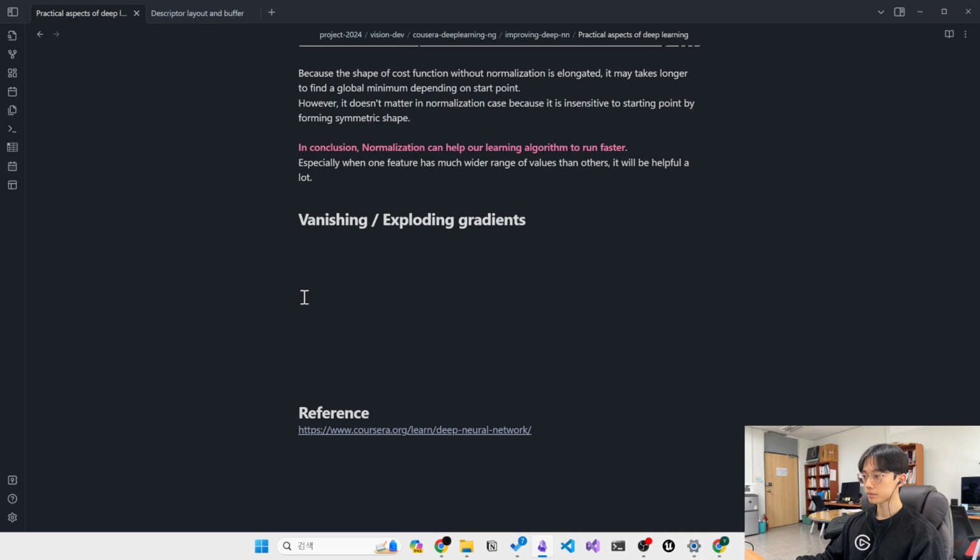Because b is equal to 0, so z1 is equal to W1 times x, and then plus b, which is 0. But then a1 is equal to g of z1, but because we use a linear activation function, this is just equal to z1. So this first term, W1x, is equal to a1.